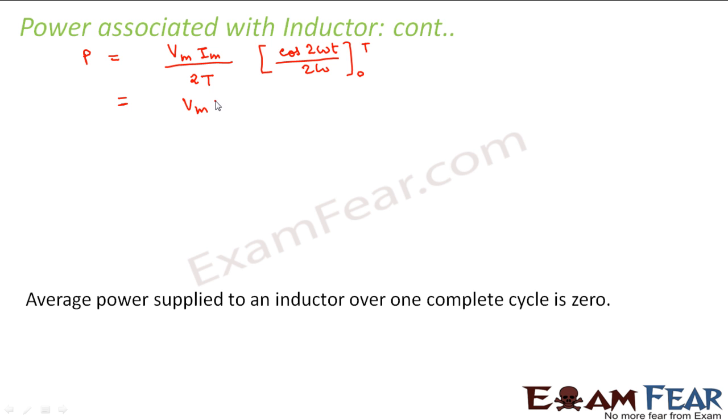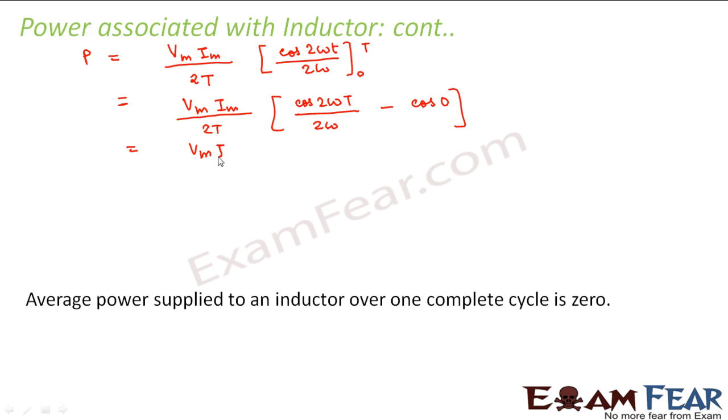So this would be Vm Im divided by 2T into cos 2 omega t divided by 2 omega minus cos 0.